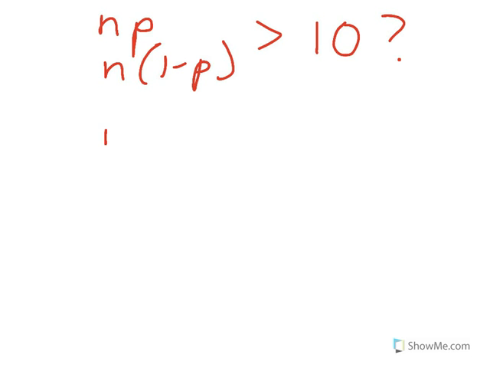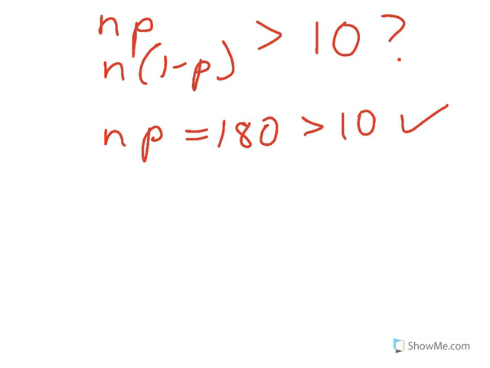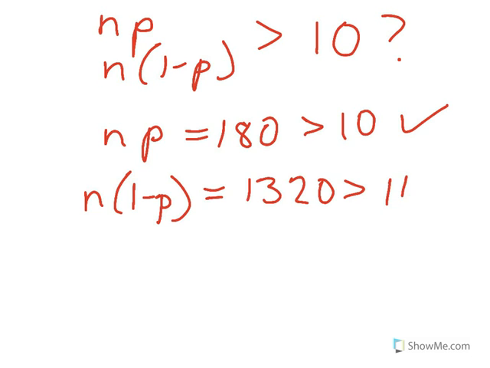Well, we know n times p was 180 from part A. So that one is definitely greater than 10, so that checks. N times 1 minus p would be 1,500 times 0.88. That's going to be 1,320, which is also obviously greater than 10. So the normal approximation is okay to use here.